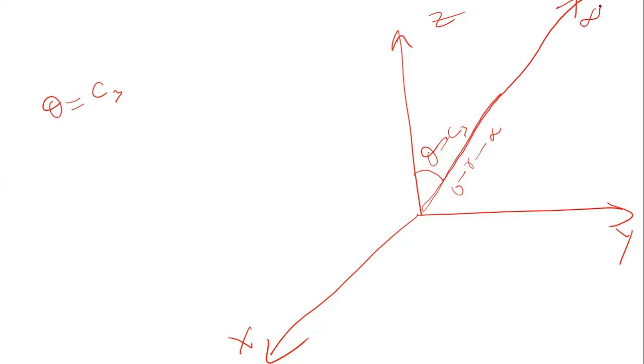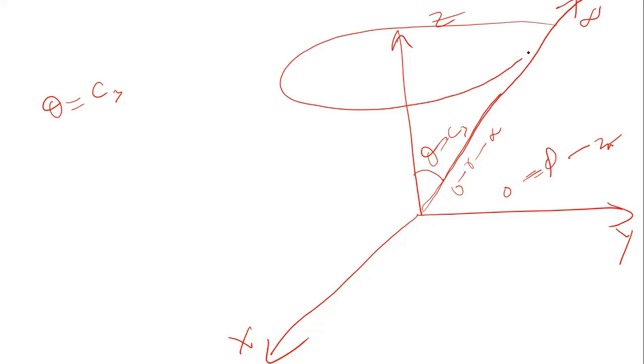And if you can vary phi from 0 to 2 pi, that means you can move this infinite line around the z-axis.